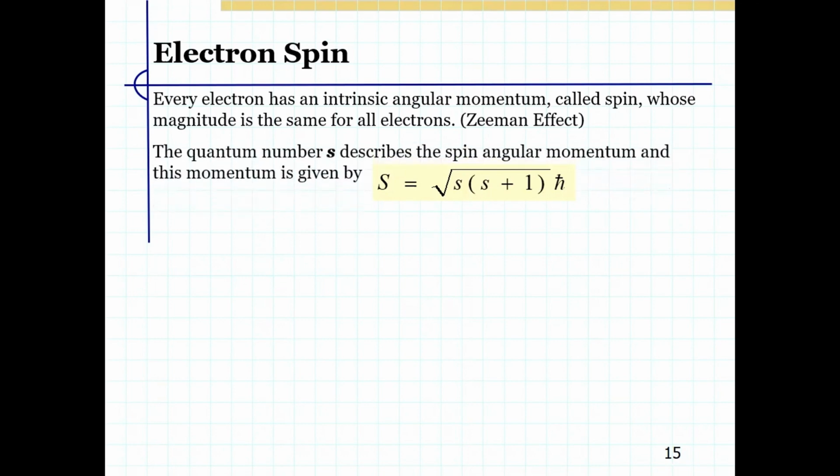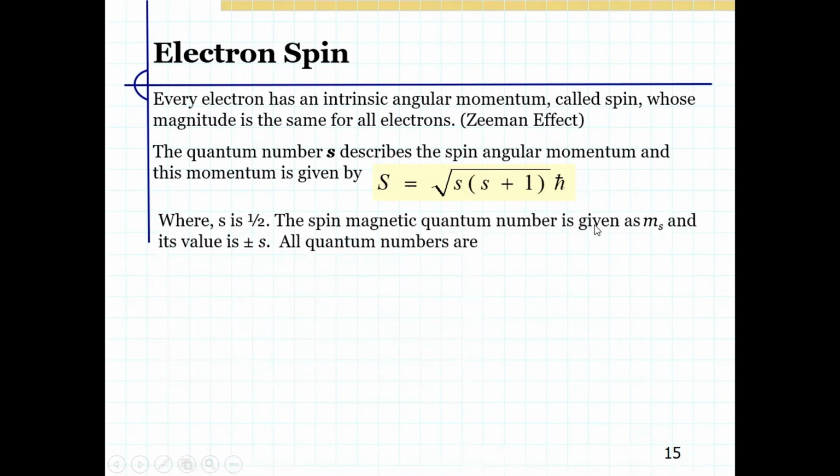The quantity small s is basically the spin angular momentum's quantum number. So this quantum number s is describing the spin angular momentum. The value of s tells us the value of capital S, and it is in terms of h cut, where h cut is again, as you know, h divided by 2 pi.